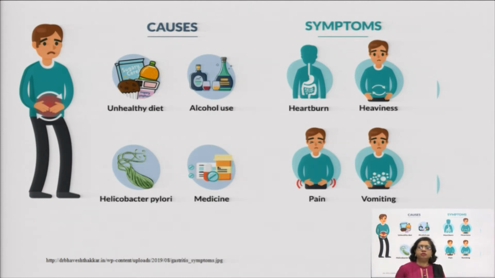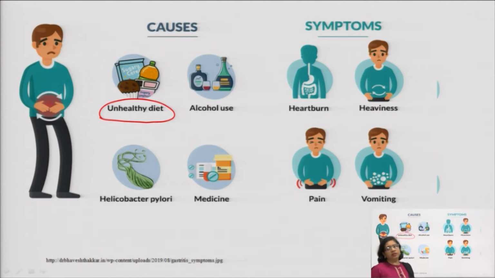First, you should know what the causes are. First is an unhealthy diet. If you are taking an unhealthy diet, junk food, and not taking calorie-content food, then you feel your digestion is improper. That can be a cause of ulcer.